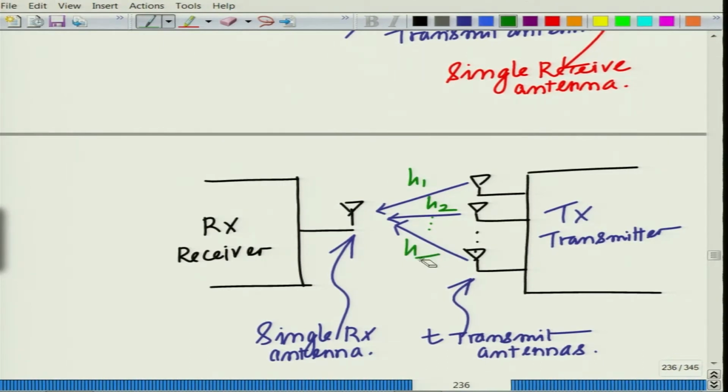Alright. So you can think of Hi as the channel coefficient, right. Hi is the channel coefficient between transmit antenna i and the single receive antenna.